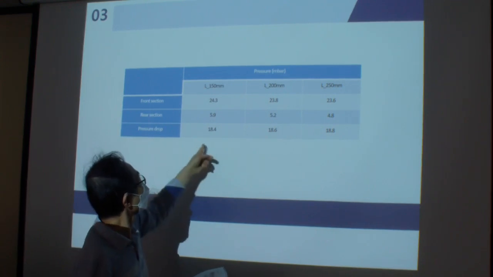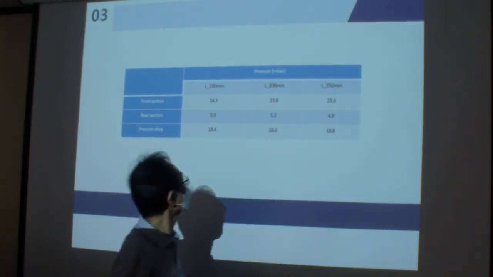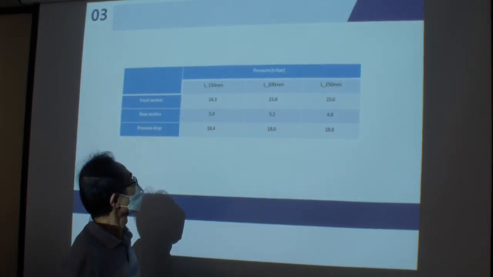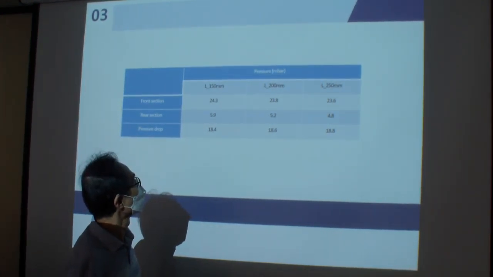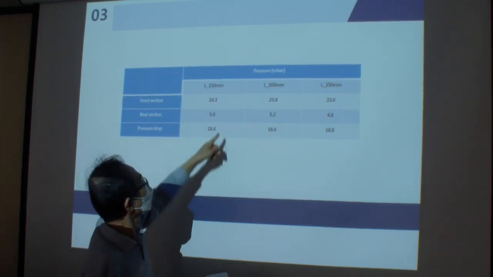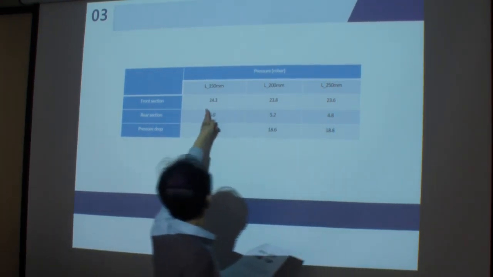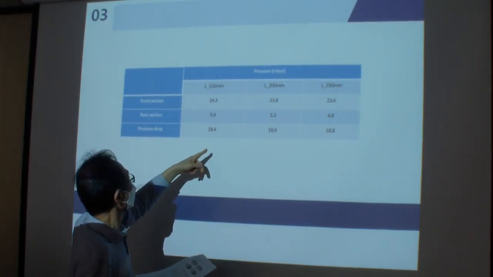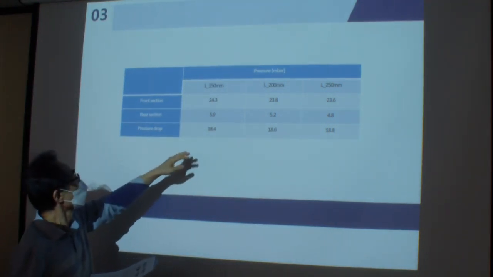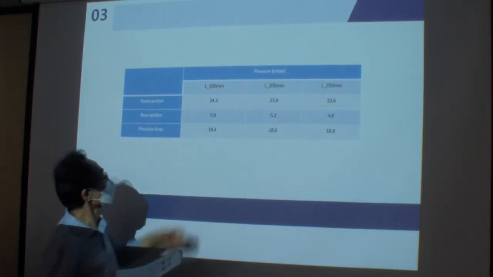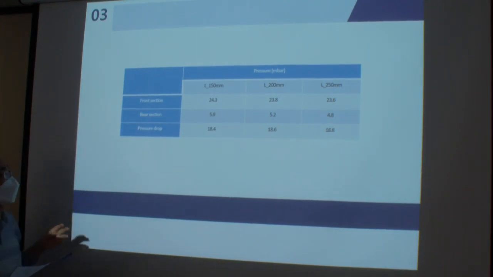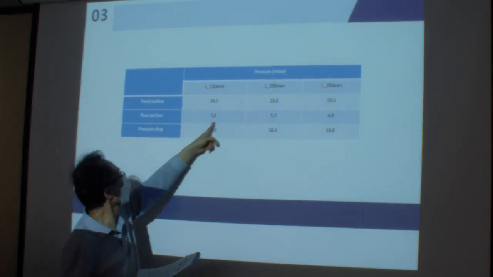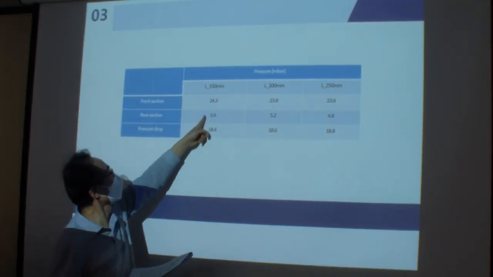Look at this one and this one. Anyway, inside the DPF, the front section is 24, but the pressure drop is this much.